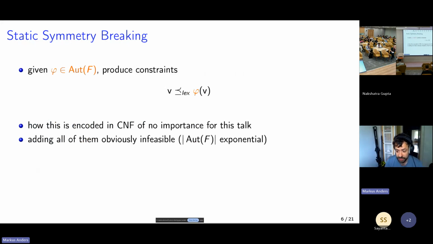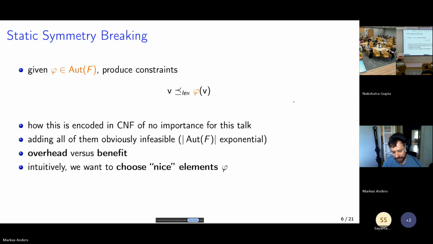However, this is obviously an infeasible approach because I've mentioned earlier that the number of symmetries can be exponential in the size of the formula. All right, so there's sort of this trade-off here. There's overhead we get by adding too many of these constraints, but we also want to get some benefit out of it. So we want to cut away as many symmetrical assignments as possible without adding too many constraints.